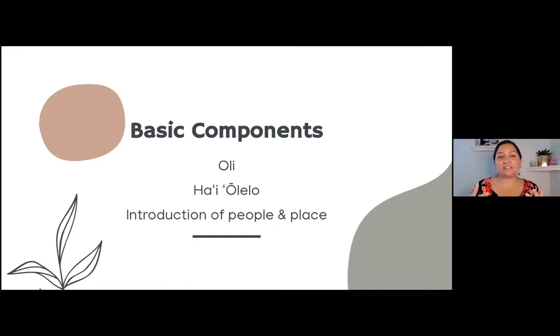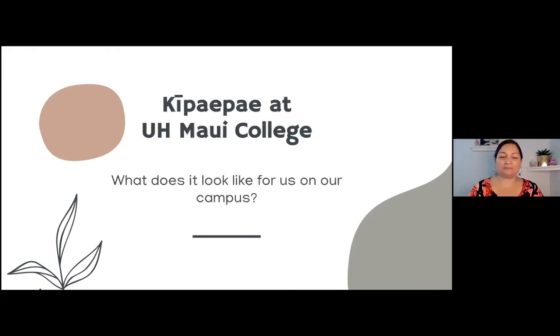So these are just different things that we can include in the haʻi ʻōlelo, or the spoken part of the protocol. So again, oli, gotta be in there, haʻi ʻōlelo, and within that haʻi ʻōlelo, we want to introduce people and place. So I'm gonna now turn it over to Hōkū, a little bit about Kīpaepae at our college.